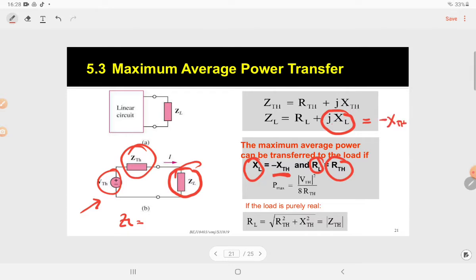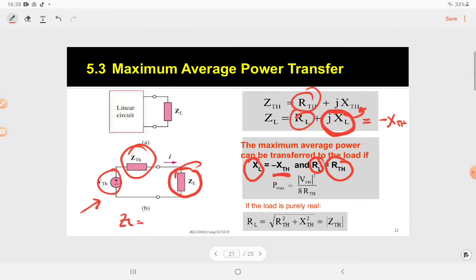That means it cannot be the same. The RTH and RL parts must be the same value, but for the reactance part, the load must have the negative value, the complex conjugate of the Thevenin value.